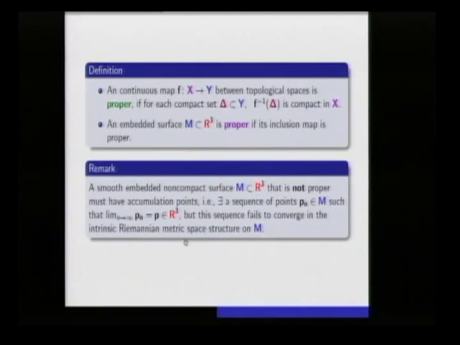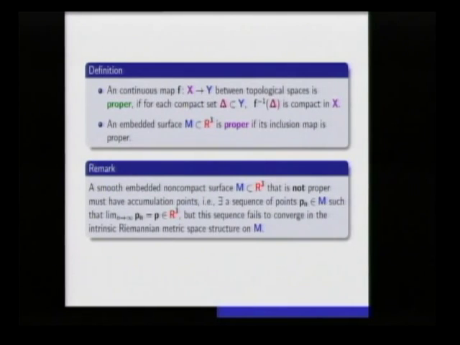Okay. All right, so what does it mean? So you can think, what does proper mean? In the case of surfaces, if a surface is not proper, it means you can find a sequence of points on the surface which go to infinity on the surface. Somehow they leave every compact set of the surface. And yet, they don't leave every compact ball in R3.